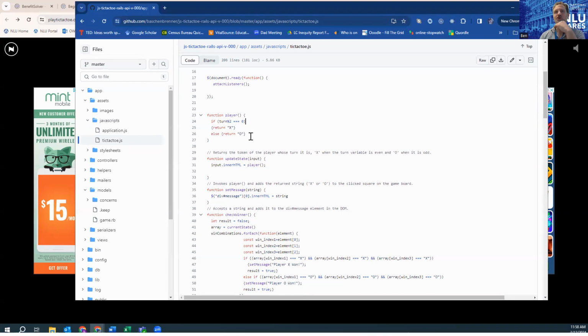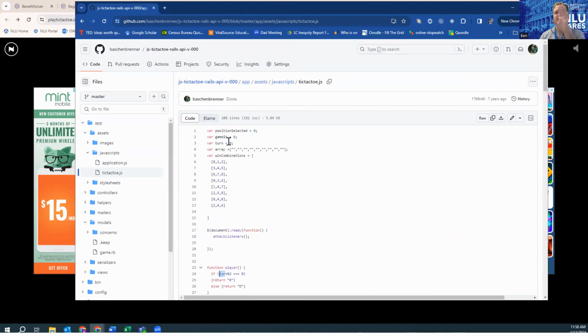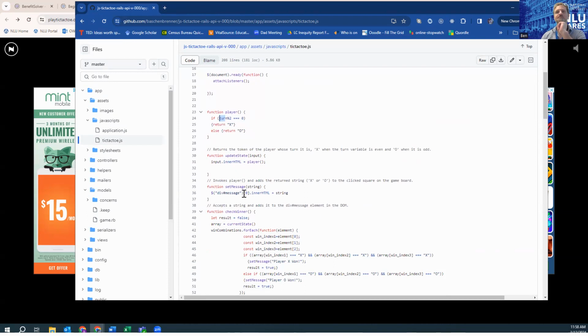This is actual code. But if you were writing pseudocode, you might say, first I'm going to check to see if this variable turn, when divided by 2, has a remainder of 0. Turn here is a global variable. We don't have to make sense of that, but the pseudocode is just writing words that explain this is what I expect to do in the code.